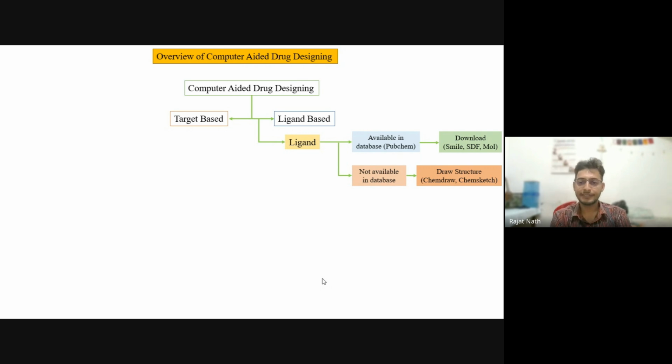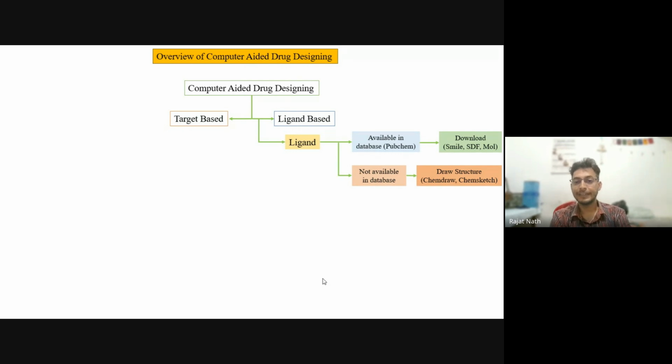So you will first search whether this ligand is available in the database, because in computer drug designing, we need this ligand in .hdf format, .mol format, or SMILES format. If this ligand is available in various databases, you can easily download the 3D structure of the ligand and go for your work.